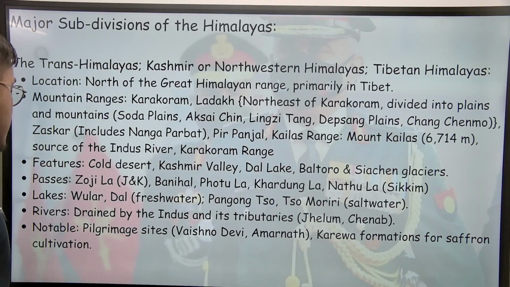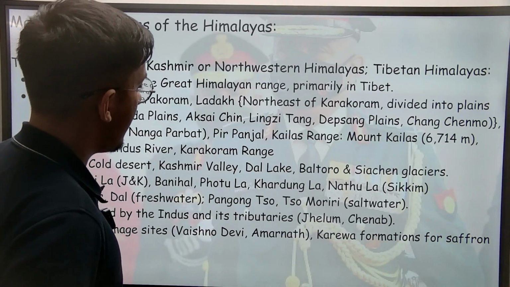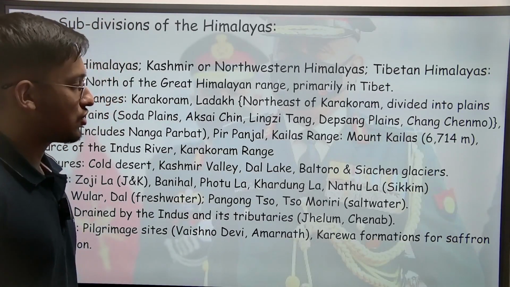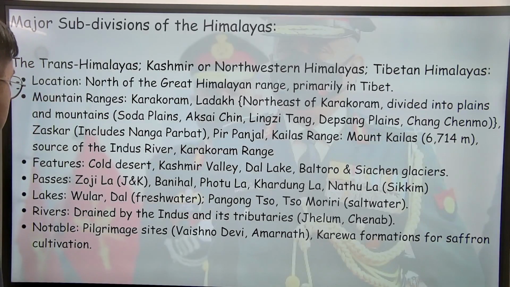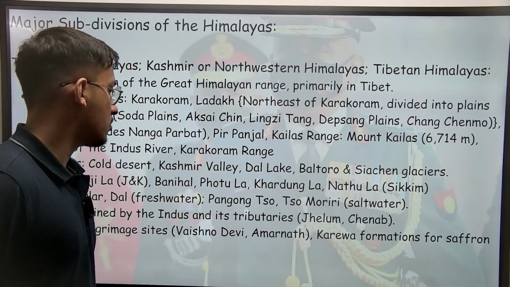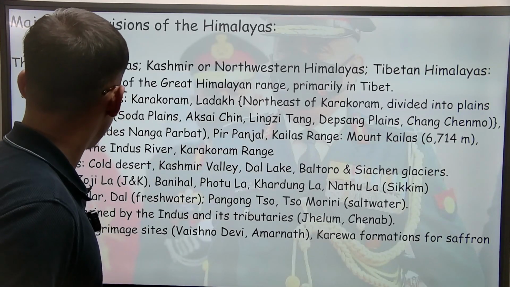Features include cold desert, Kashmir Valley, Dal Lake, Baltoro and Siachen glaciers. Passes are Zojila in Jammu and Kashmir, Banihal, Photu La, Khardungla, Nathula in Sikkim. Lakes include Wular, Dal Lake is the freshwater lake, Pangong Tso, Tso Moriri is the saltwater lake.